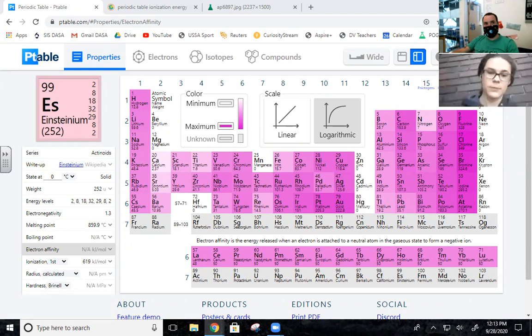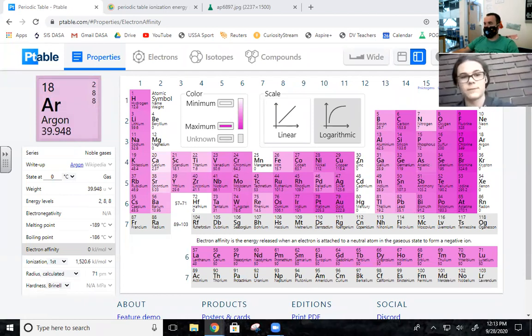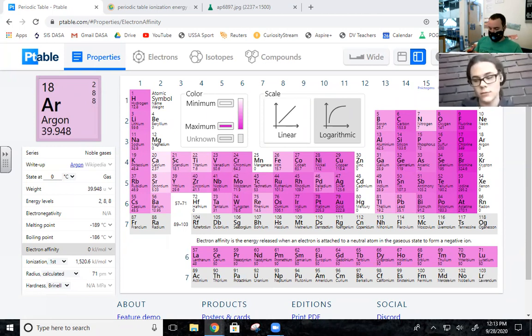Oftentimes the electronegativity means that when it is bonded to something, it pulls on the electron more. So let's look at something that is bonded, like sodium fluoride.